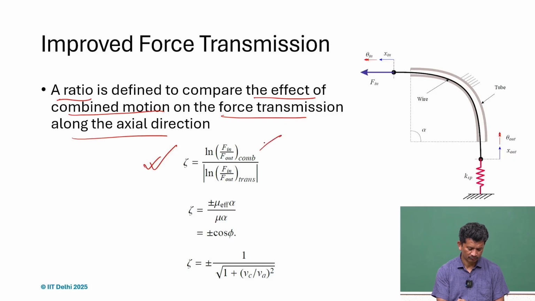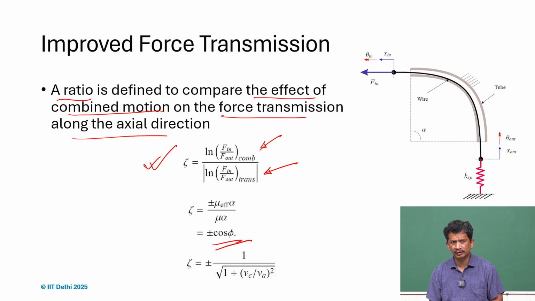On top is the combined case, and in the denominator is the pure translation. Ultimately this is very simple, and this zeta value is simply cos phi, which is a function of the combined motion, Vc versus Va.